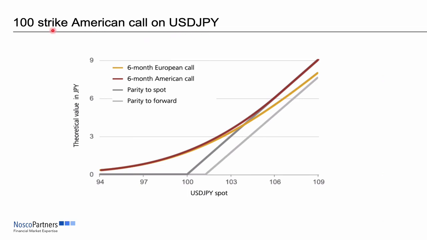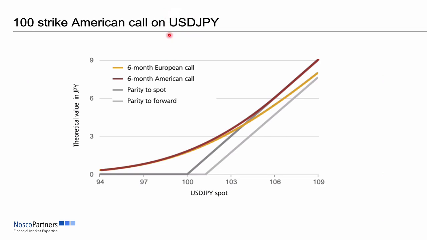Now, if you think about this option, you have the 100 strike American call. What happens if you exercise the American call? If you exercise the American call, you jump from the option position into a position in US dollars, right? And you get long US dollars if you exercise.